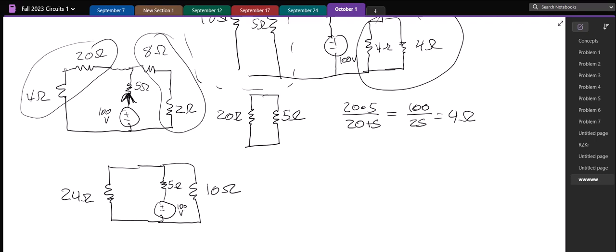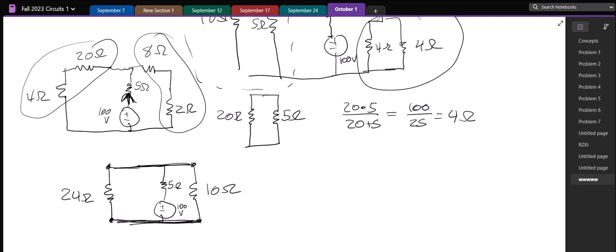Now, it may not seem obvious right here that the 24 ohm resistor and the 10 ohm resistor are in parallel, because if I look at these two resistors, this side, that's connected, no element between them.